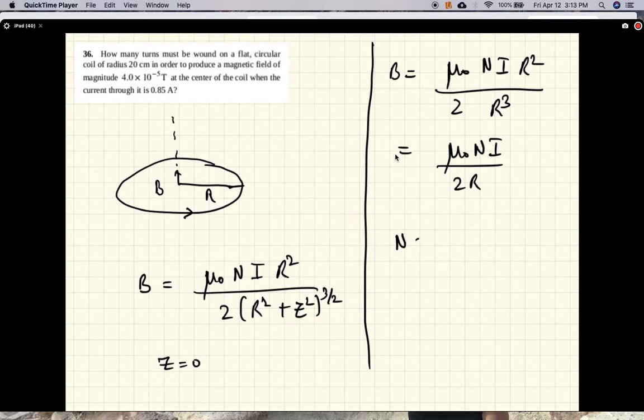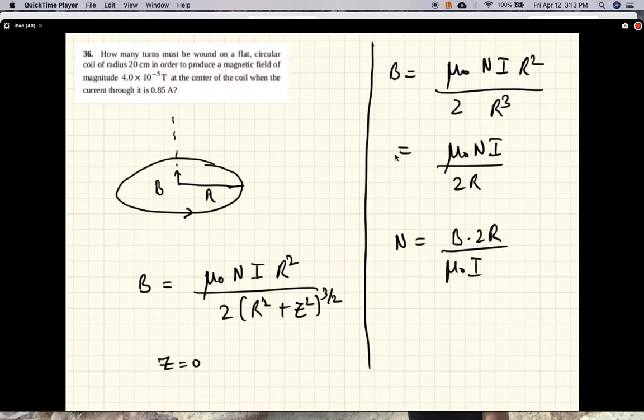So N would be B times 2r over mu naught I. Okay, let me work this out on a new sheet, so let's add a page below. So N is B times 2r over mu naught I.